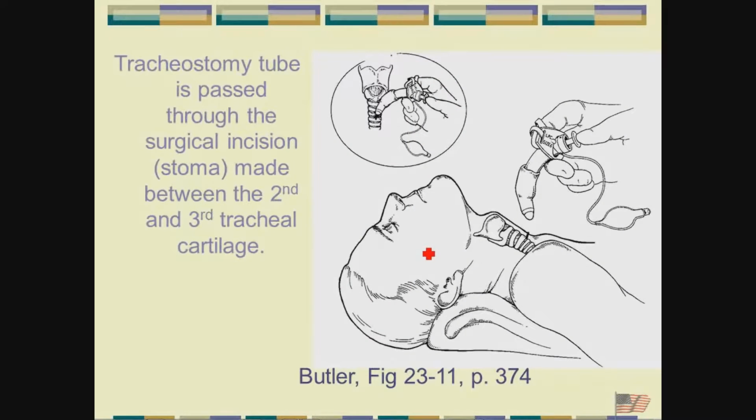And you can see the obturator here, how this is being done. The obturator is pushed in, creating a softer point to place into the trachea, and then it's passed through that opening, second, third tracheal cartilage, and the tube is placed.